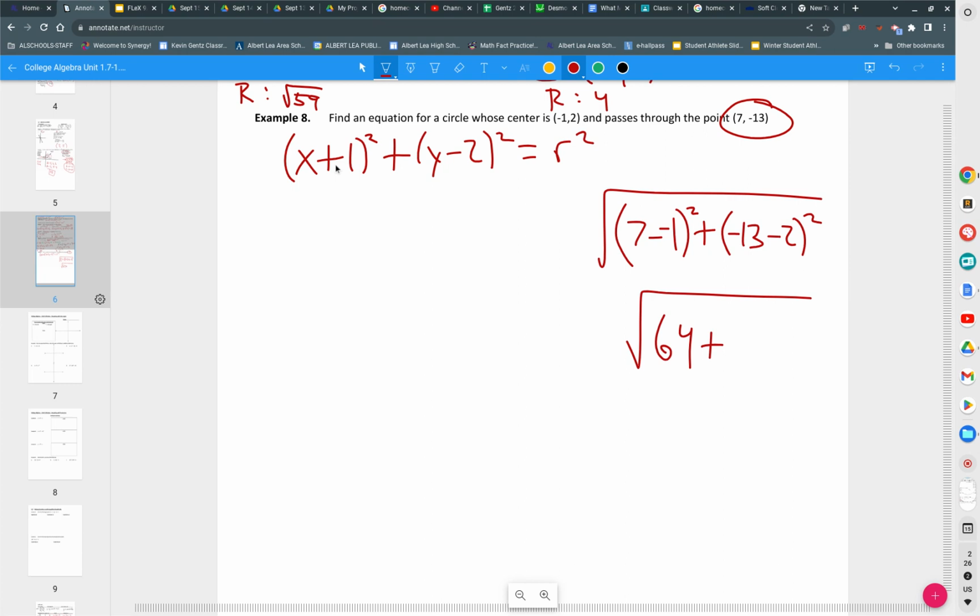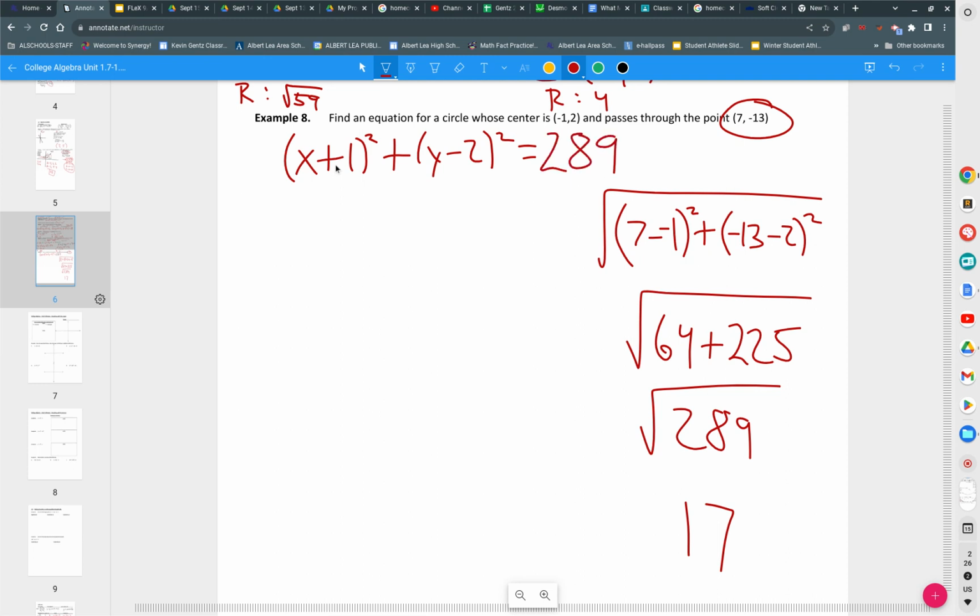Anybody know what 15 squared is? 225. Alex did that. 64 and 225 make 289. What is the square root of 289? It's definitely a number. I've heard it before. It is 17. That's the one. So instead of this r squared, what number do I put there? 17 squared. So 289 is the number that goes there, and that's the mistake that often people make.